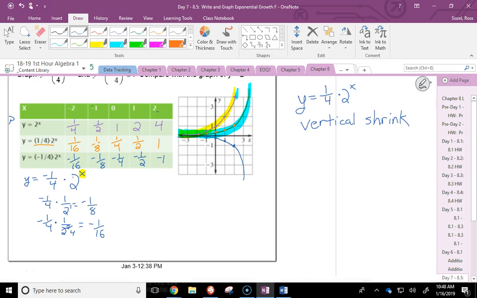If I look at my blue line, though, I shouldn't have that in there. For this last line, y equals negative 1/4 times 2 to the x power, that followed my parent function almost the same, but it was reversed. It was a decay. So first, we call that a reflection.